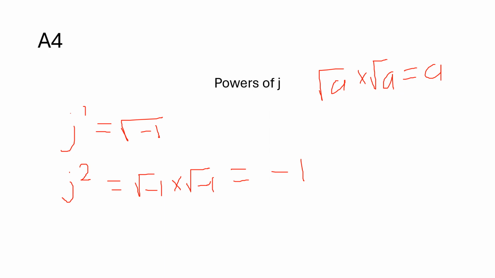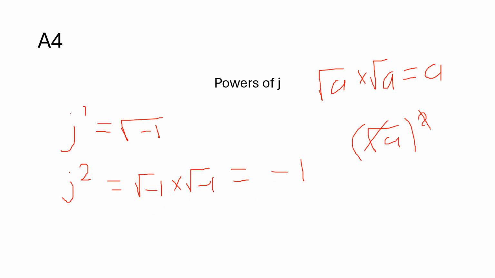It's the same as the square root of a, all squared: the squared cancels the square root, so the answer is only a. It's the same thing here: the square root of -1 multiplied by the square root of -1 is actually -1. The square roots cancel out, and you keep the number inside as -1.